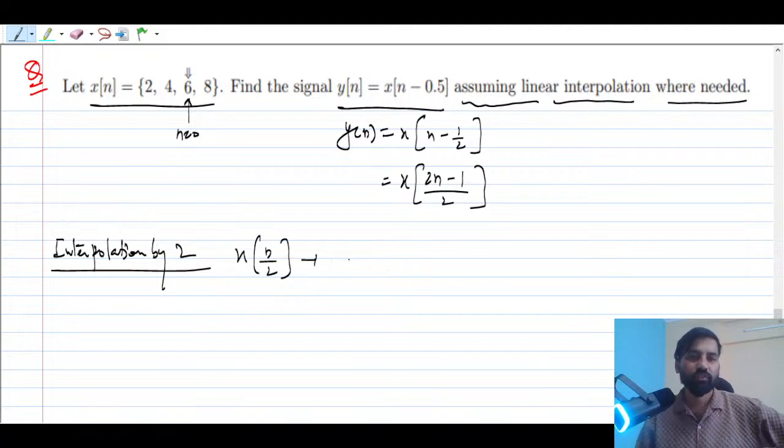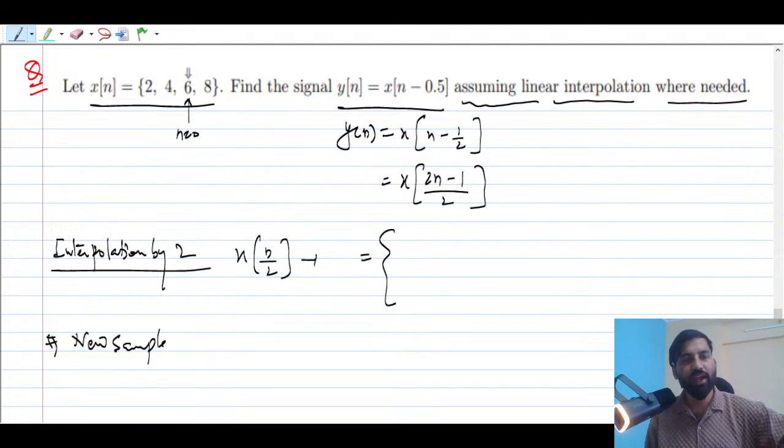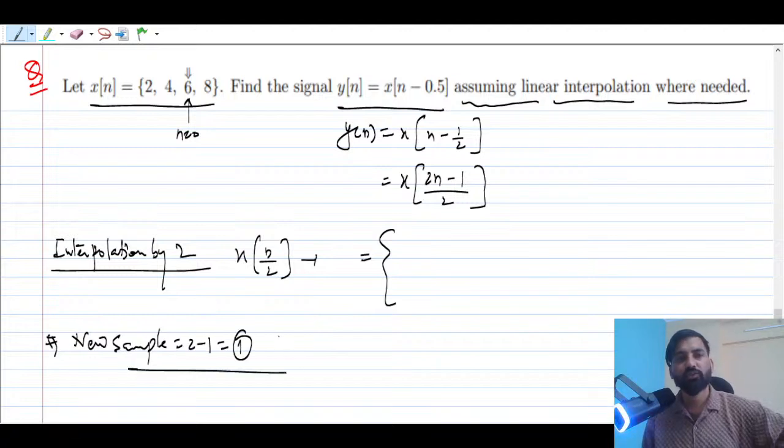So how many new samples do you have to add between these two? The number of new samples to add is 2 minus 1, which is 1 only. So only one you have to add, which means you can take the average of the two.